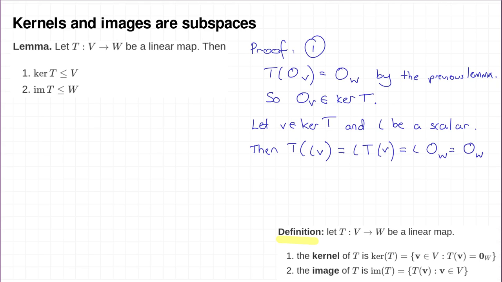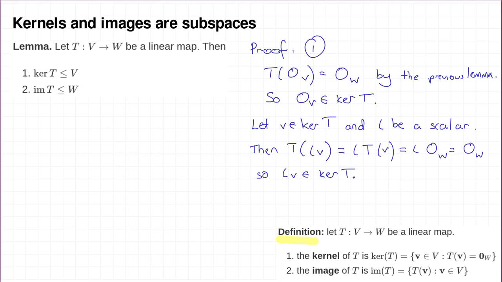We proved this when we first met vector spaces. So I've got here that T of L times V is the zero vector in W, which means that L times V is in the kernel of T. We've now proved that the kernel of T is closed under scalar multiplication.